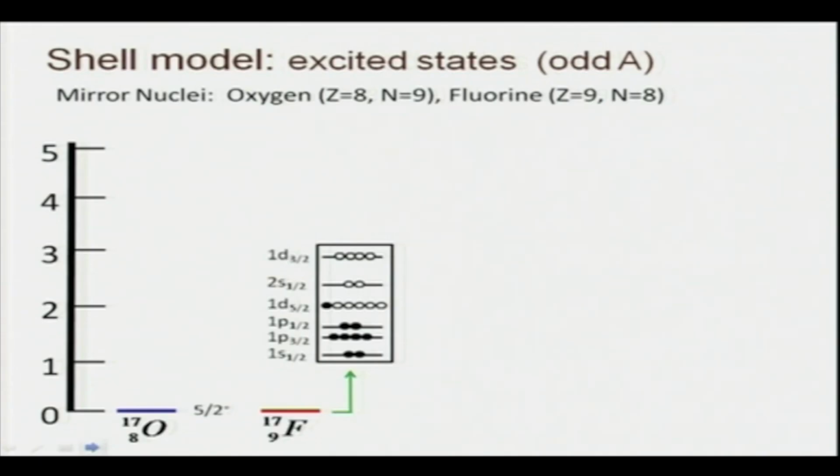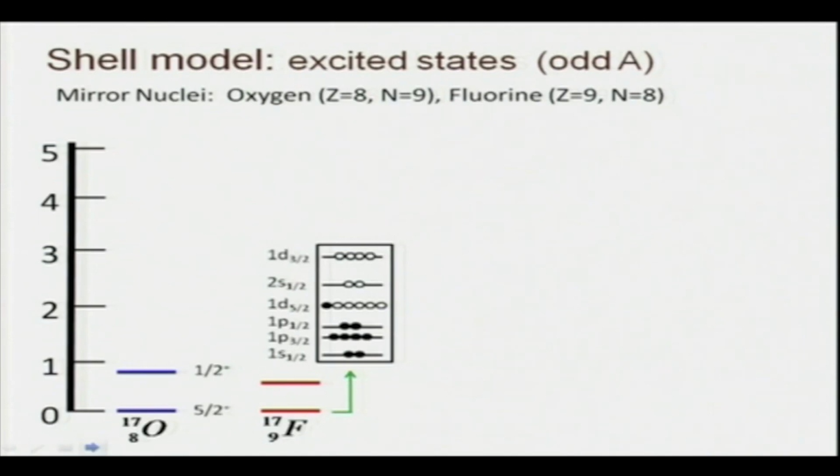And what would be the I value there? The spin is 1/2, and what is the parity? It is an S state, L equal to 0 state, therefore its parity is plus. So, we expect an excited state with I equal to 1/2 and parity plus.